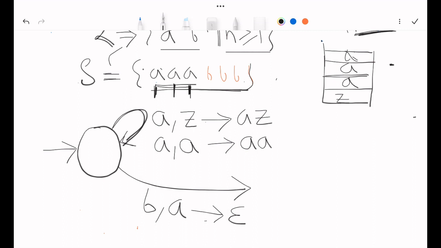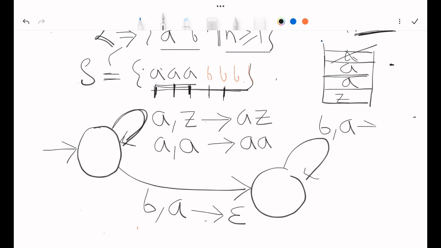Similarly, this A I will pop. Similarly, there are many B. Input is B and top of the stack is A, then I will pop again because this is a self loop. Again I will pop. Done.